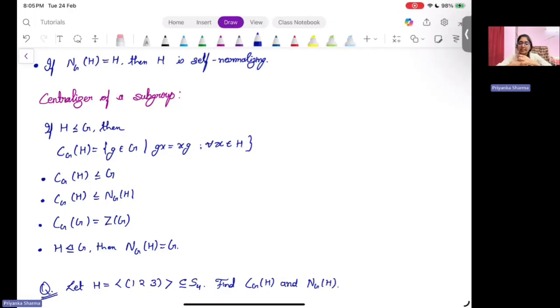That is, the centralizer is the collection of all those elements of G which commute with every element of H. So the centralizer is somehow related to the center of a group, and the normalizer is related to normal subgroups.